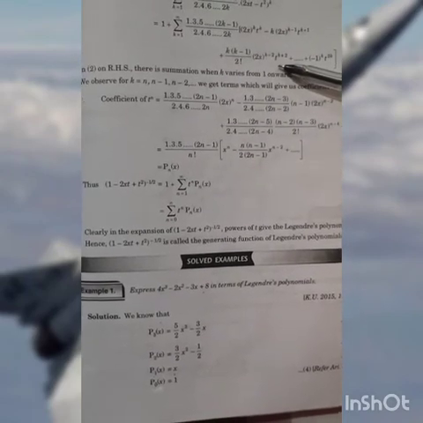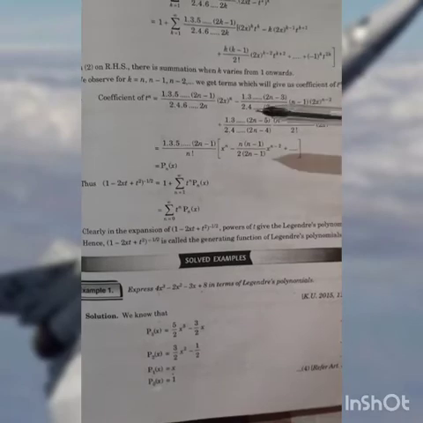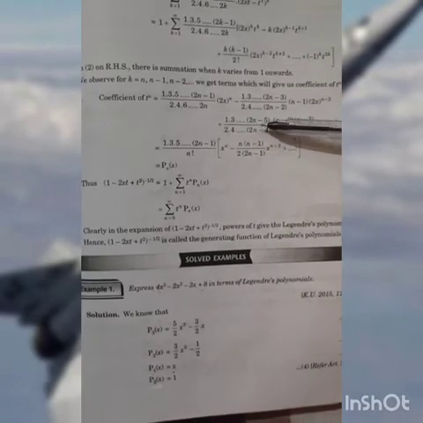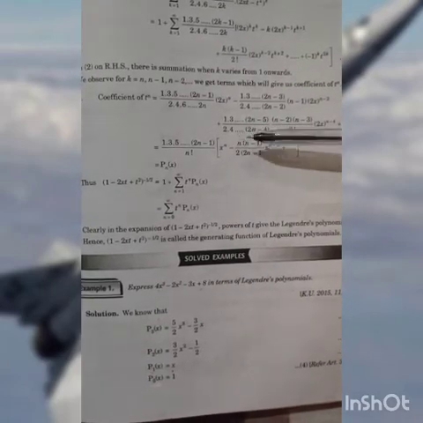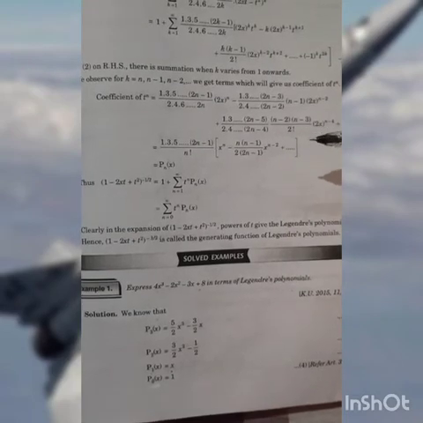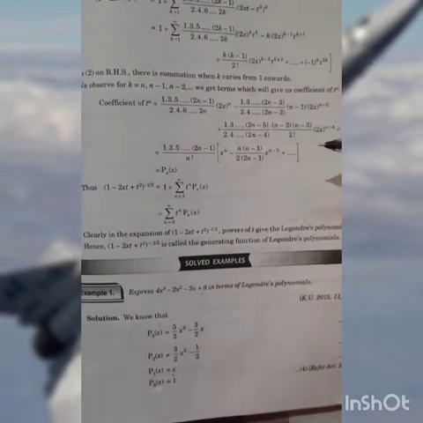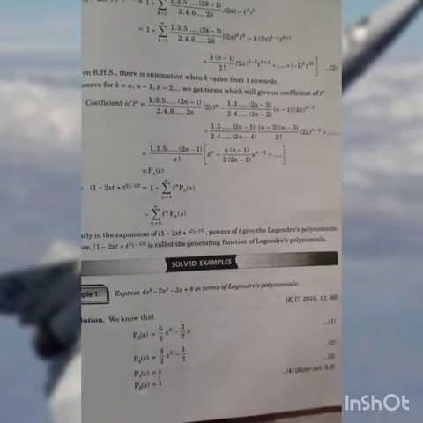When we put the value of k as n minus 2, we get 1 into 3 into 5 up to 2n minus 5 over 2 into 4 into 6 up to 2n minus 4, times n minus 2, n minus 3 over 2 factorial, times 2x raised to the power n minus 4, and so on.